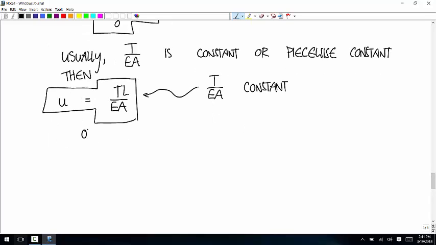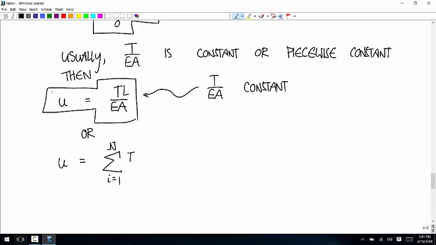Or if it's piecewise constant, then this is equal to, can anyone come up with what this sum formula would be? I'll write the sum formula, you do the rest. L would be the thing that varies.